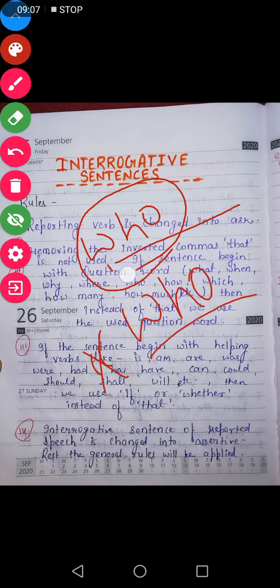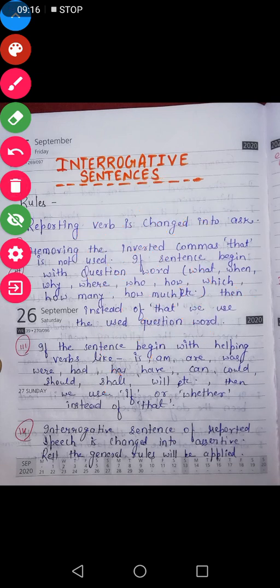Suppose it starts with who, you will write the same who in the indirect speech also. But if the sentence begins with helping verbs like is, am, are, was, were, has, have, can, could, then removing the inverted comma, what will we use? We will use either if or whether.